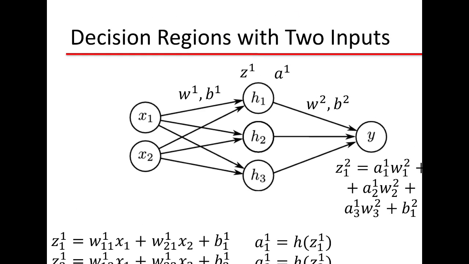So we have x1 and x2, they are getting weighed by the first level weights, w1 and b1. These are matrices. W1 is a matrix. What's the size of w1? 2 cross 3. And b1?